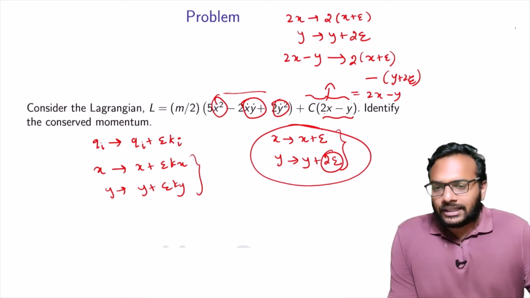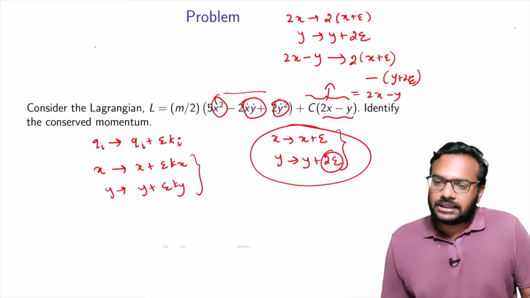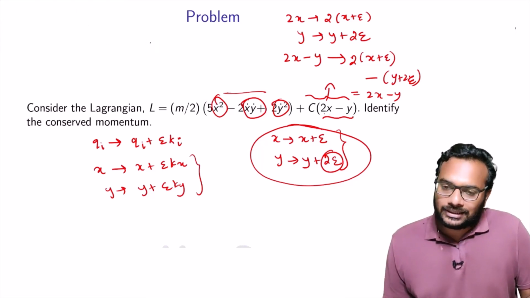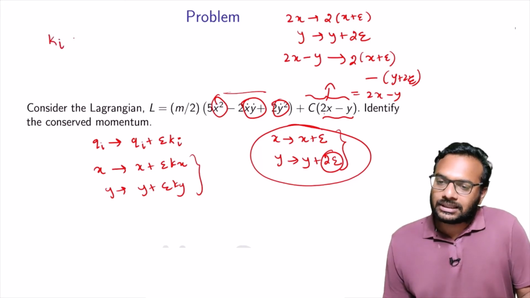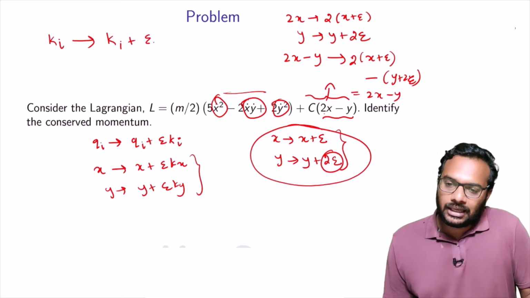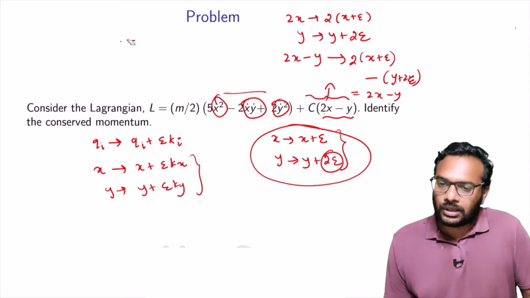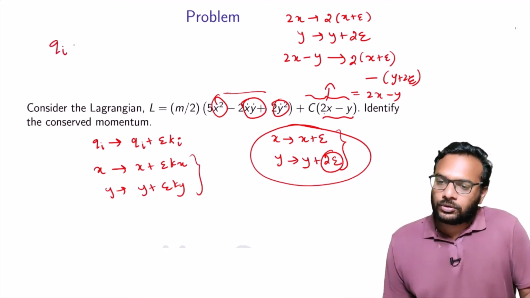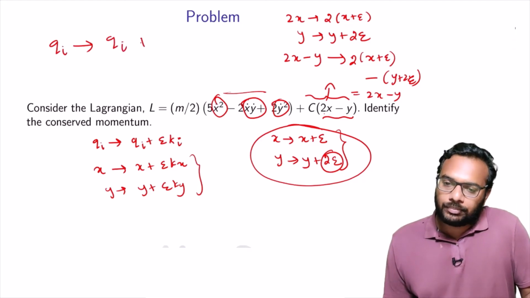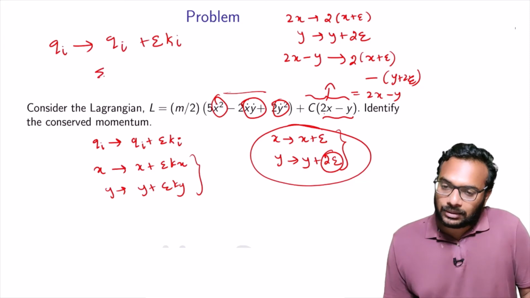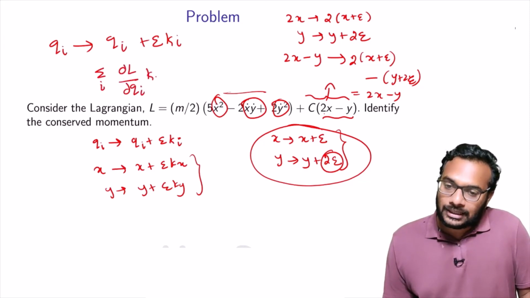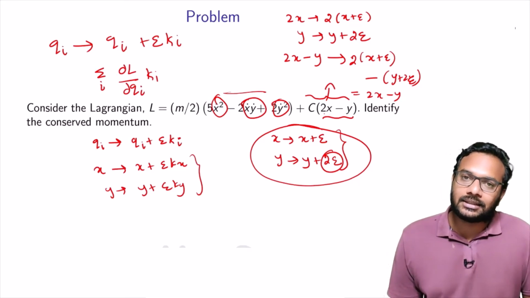Now we can find the conserved quantity by Noether's theorem, because Noether has taught us that if the symmetry transformation is qi going to qi plus epsilon ki, then the summation over i of dou L by dou qi dot times ki is a conserved quantity.